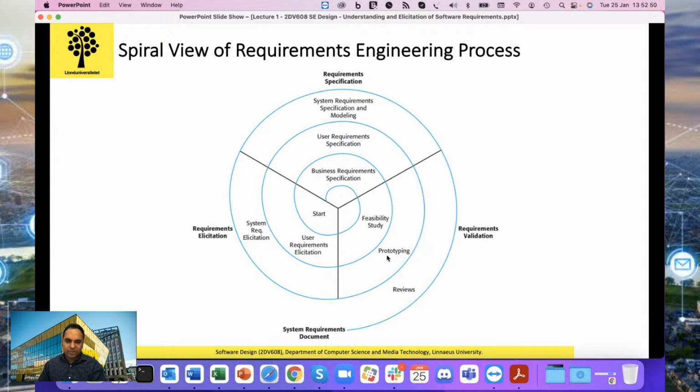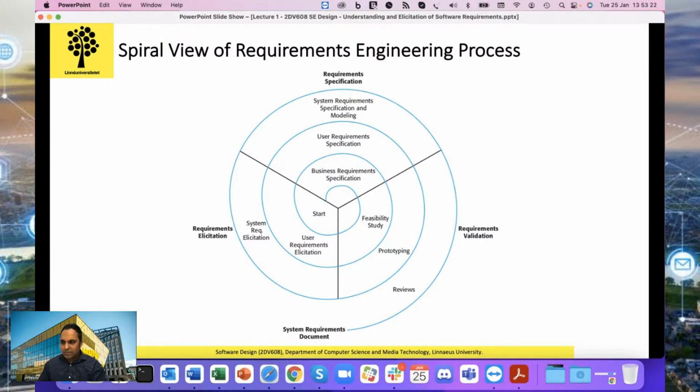And once you, let's say, draw your system on pen and paper and present it to your end users and they accept it, now you go for the system requirements elicitation. So you are opening up your requirements, and from user requirements, now you are going to system requirements to specify more detail about requirements at the technical level.